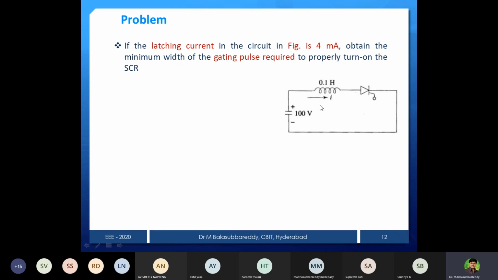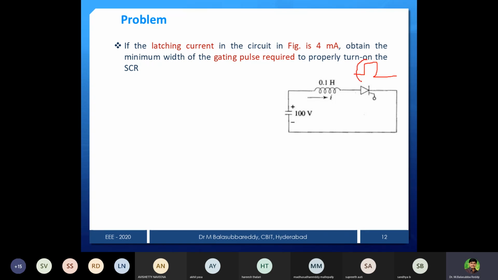Now the problem: the latching current of the circuit is given as 4 milliamperes. Let this be the circuit. Obtain the minimum width of the gate pulse required to properly turn on the SCR. We need to provide a firing pulse to turn on the SCR, so they are asking for the width of the gate pulse.